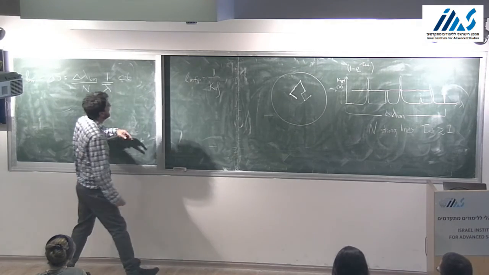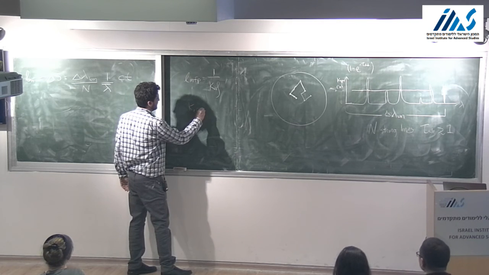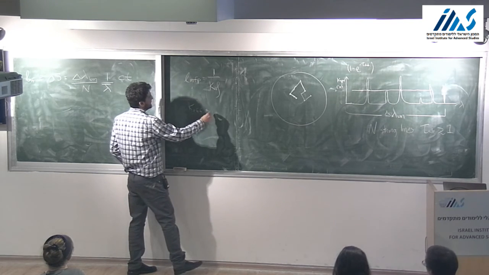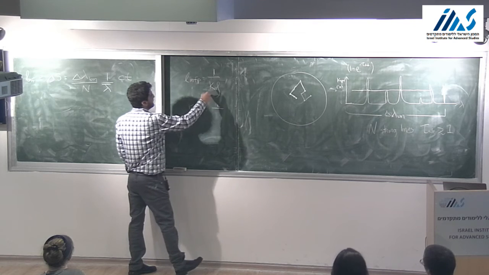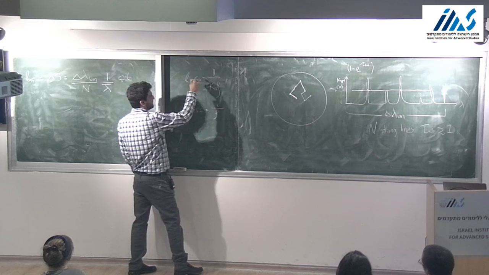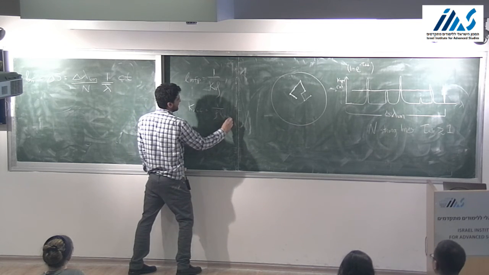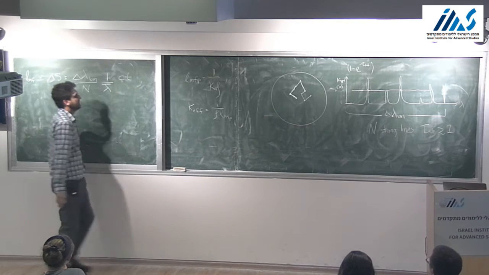So this is the mean free path, and so we can write the effective opacity just rearranging this as 1 over density times the mean free path.